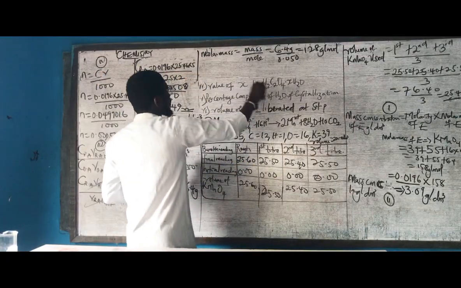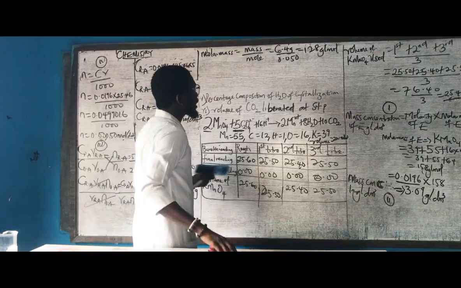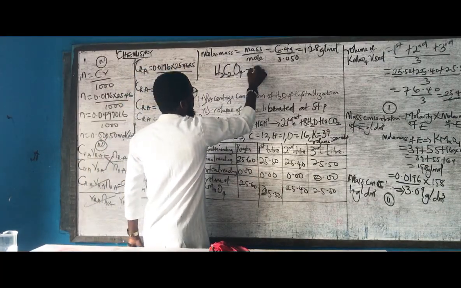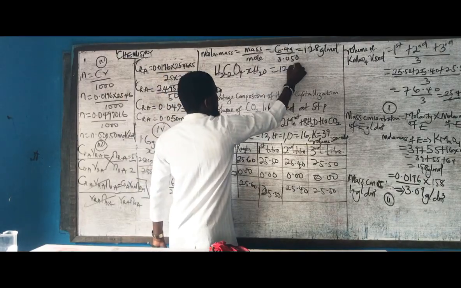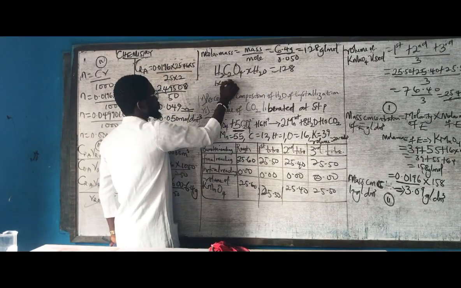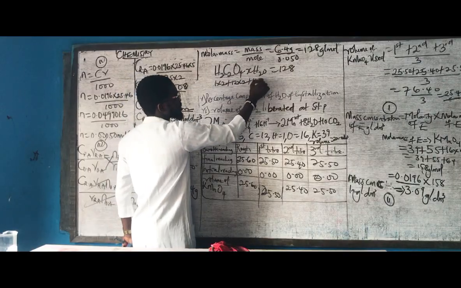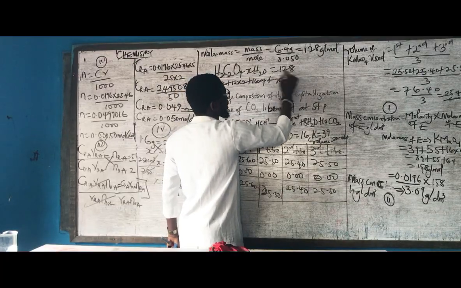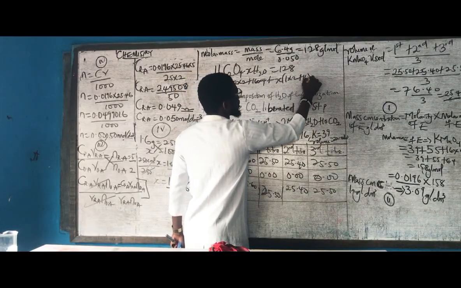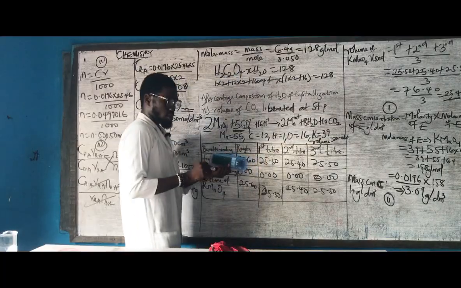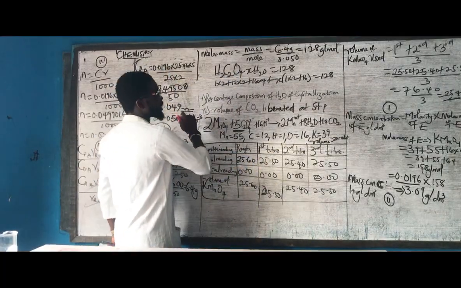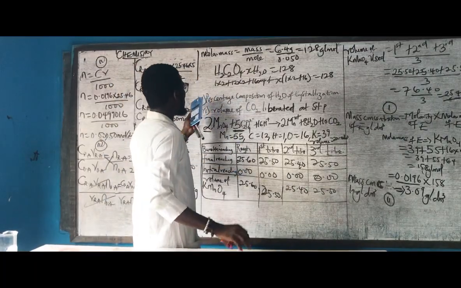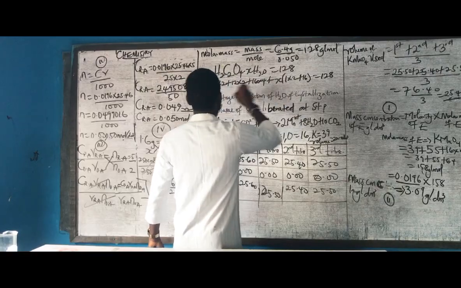Now, let's calculate the value of x. We have H2C2O4.xH2O equal to 128. So this will give us 1 times 2 plus 12 times 2 plus 16 times 4, plus 18x is equal to 128. Next will be the percentage composition of water of crystallization.